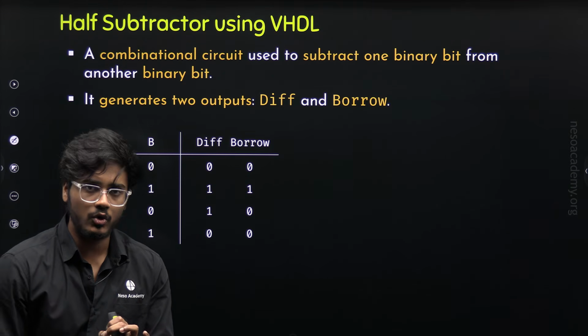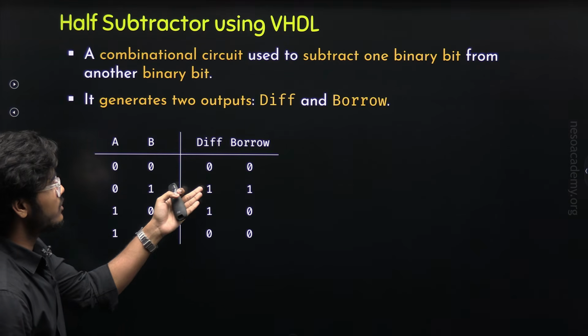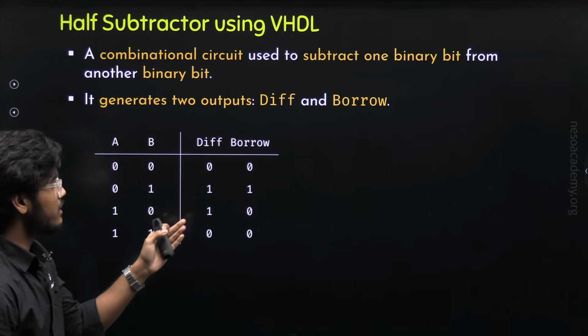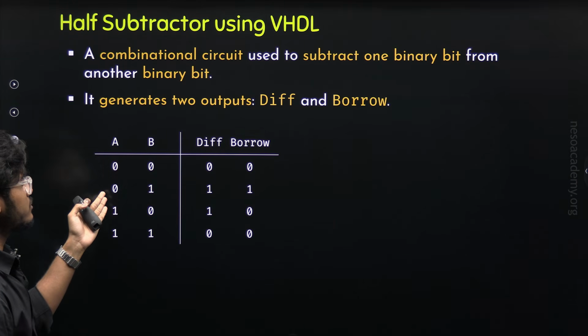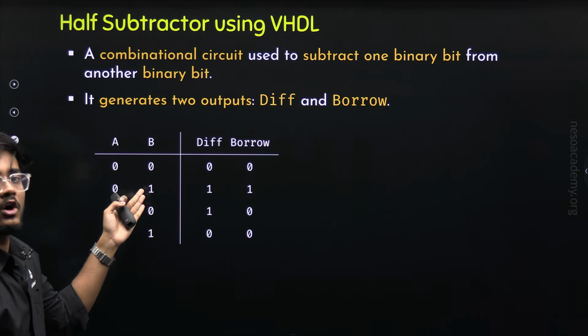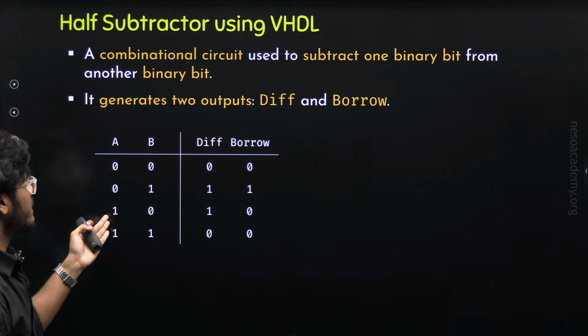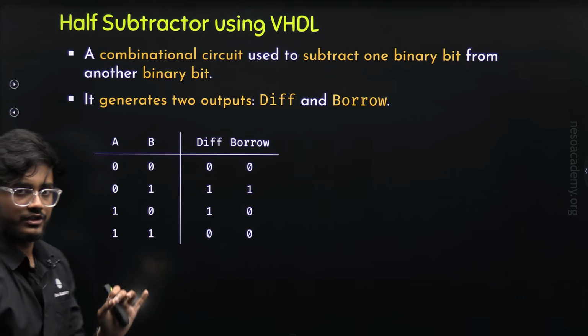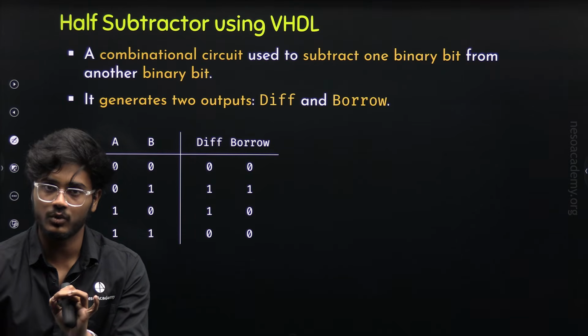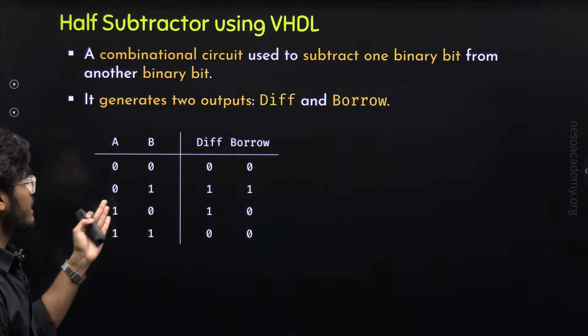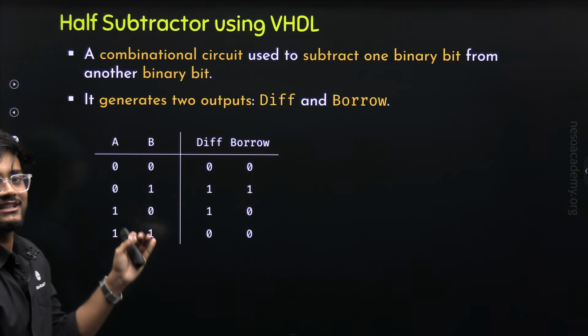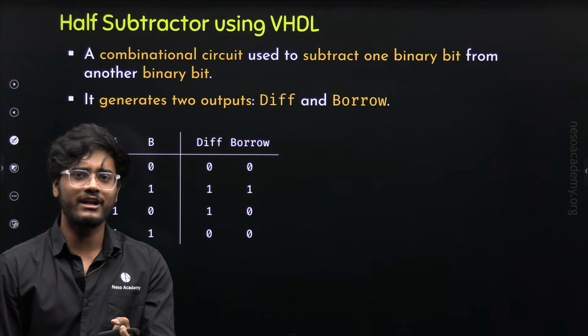Now look at the rows where difference is equal to 1. Here, difference is equal to 1 when A is 0 and B is 1, or when A is 1 and B is 0, which means difference is equal to A complement and B, or A and B complement, which is an XOR operation.